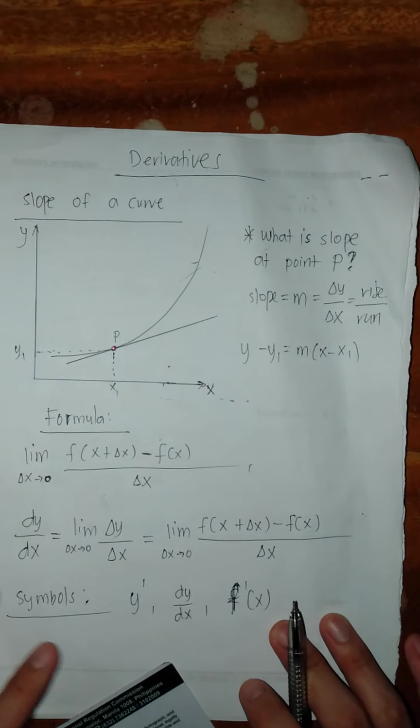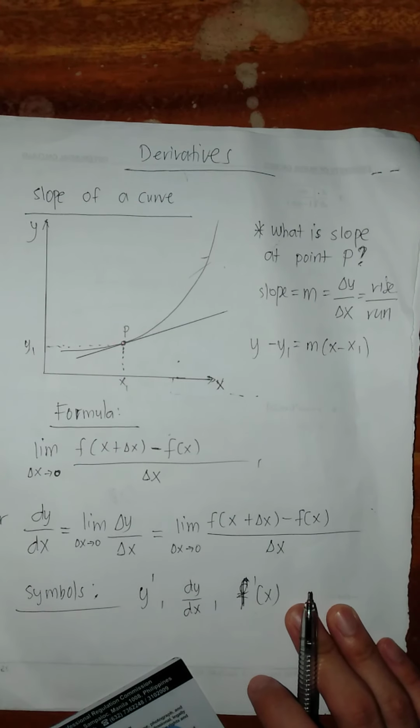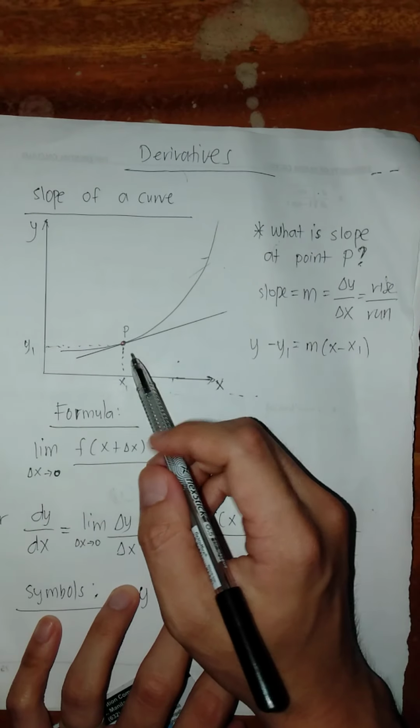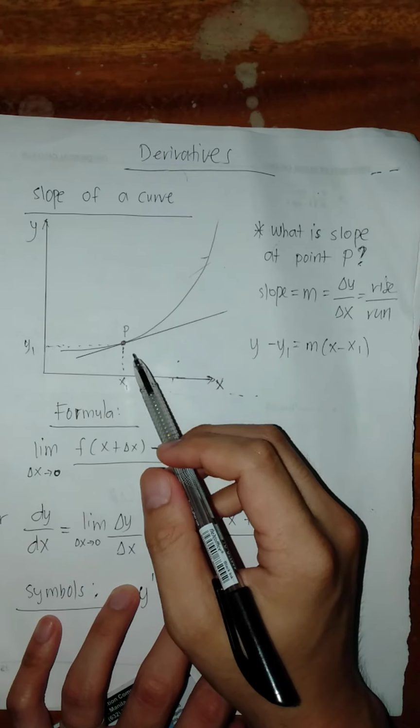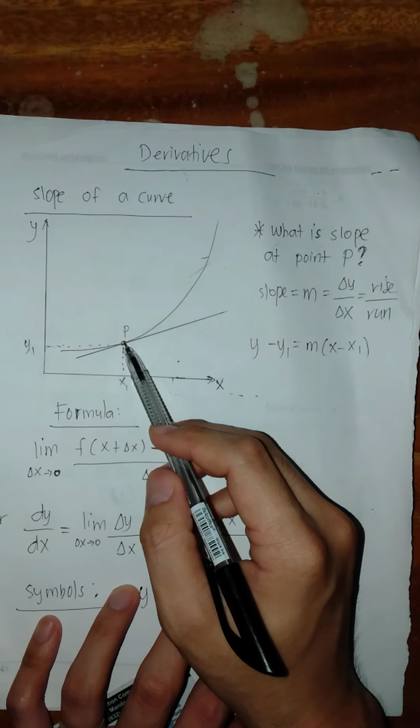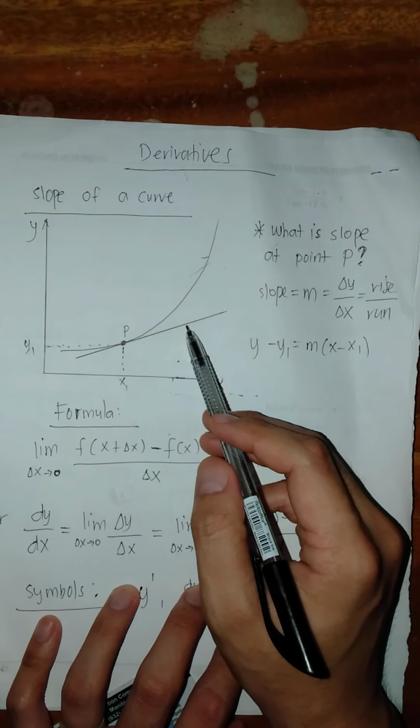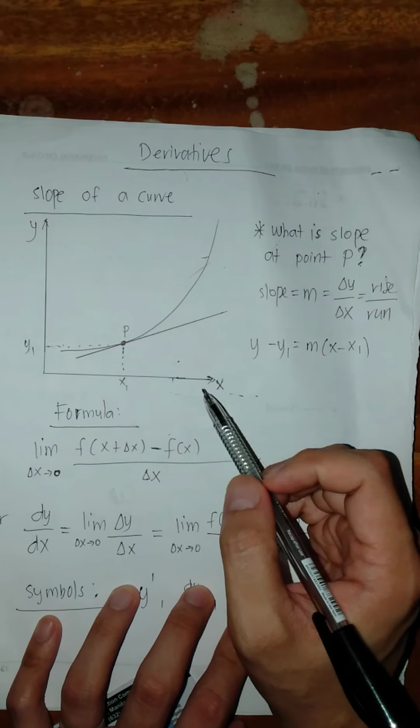Remember, guys, from your Mathematics in the Modern World, you cannot create a line by having only one point, which is only point P. So you need another point. That's a problem.